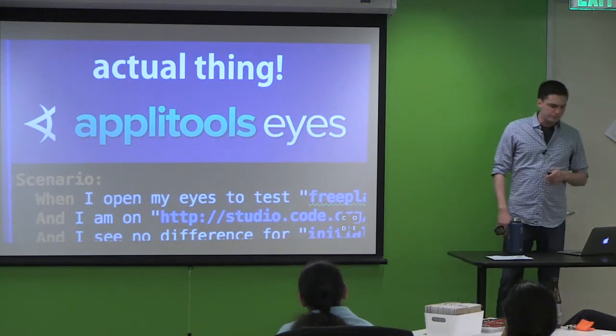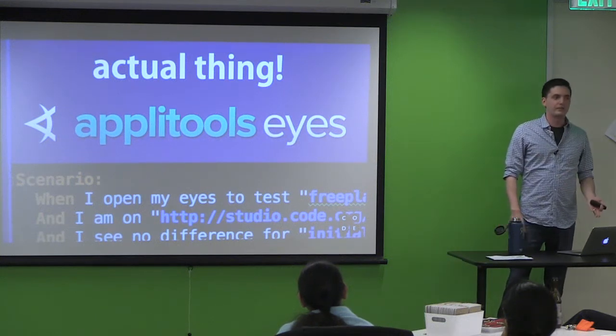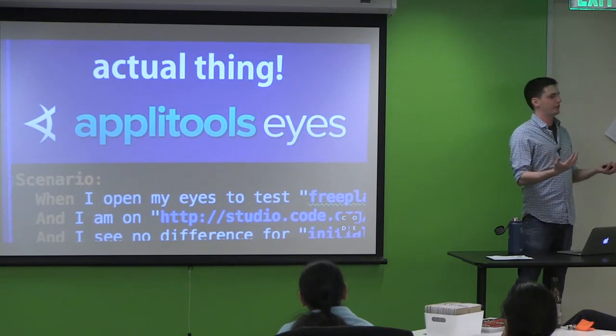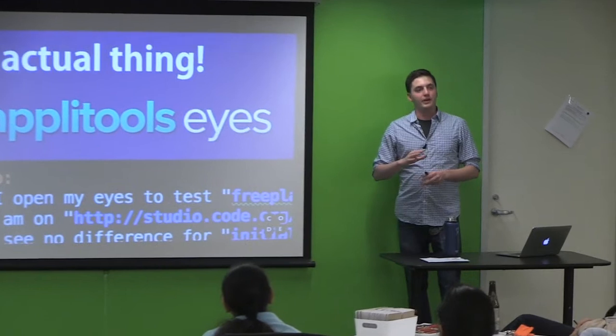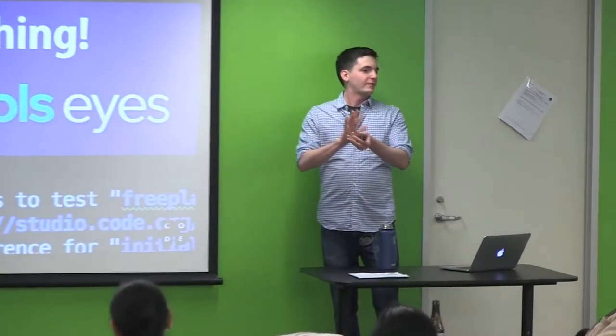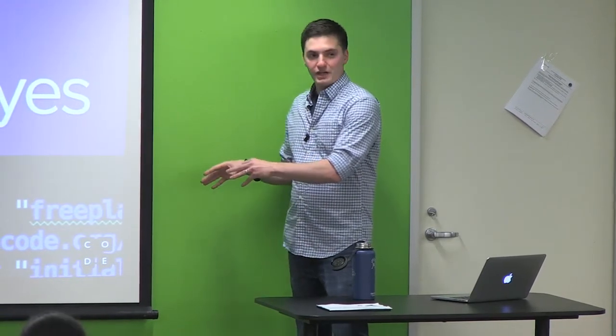So we can write these new tests that make assertions about what the website should look like. Well, not assertions about what it should look like, assertions that the website should look like the last time we deployed it, right? It shouldn't have changed between before I made a change and after I made a change.